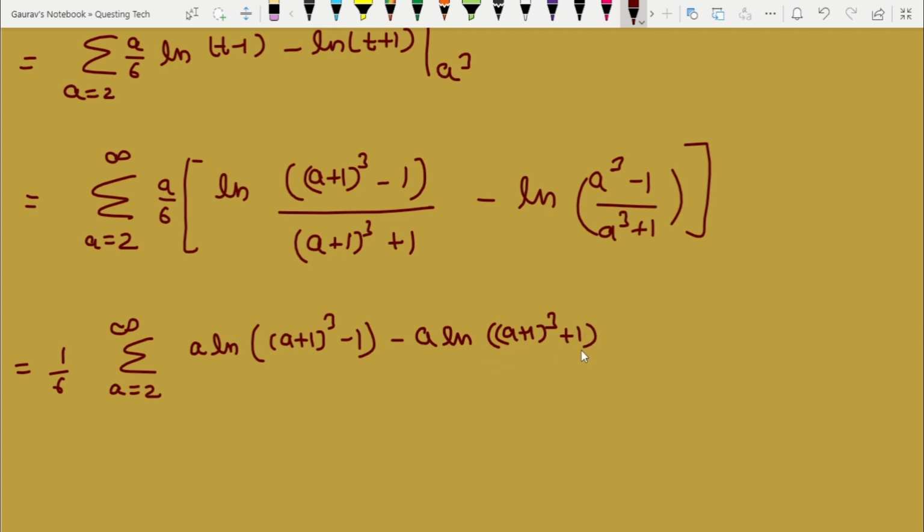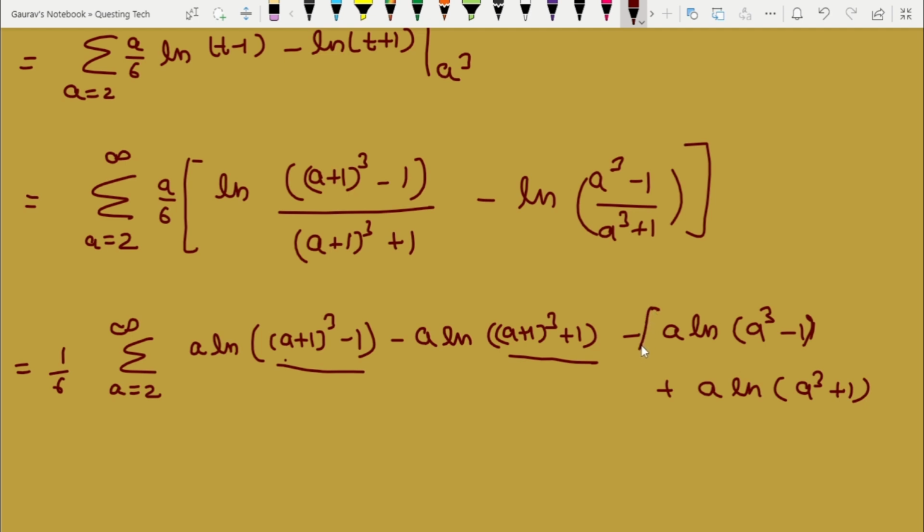Yeah, this is correct. Minus a ln of a cube minus 1, and this minus plus, then this is a ln of a cube plus 1. Okay, what we are going to see here, this is (a plus 1) cube minus 1. This is also (a plus 1) cube plus 1.